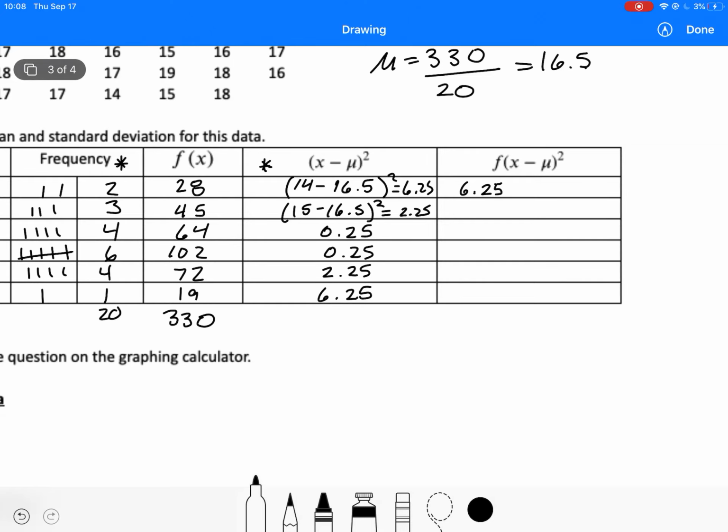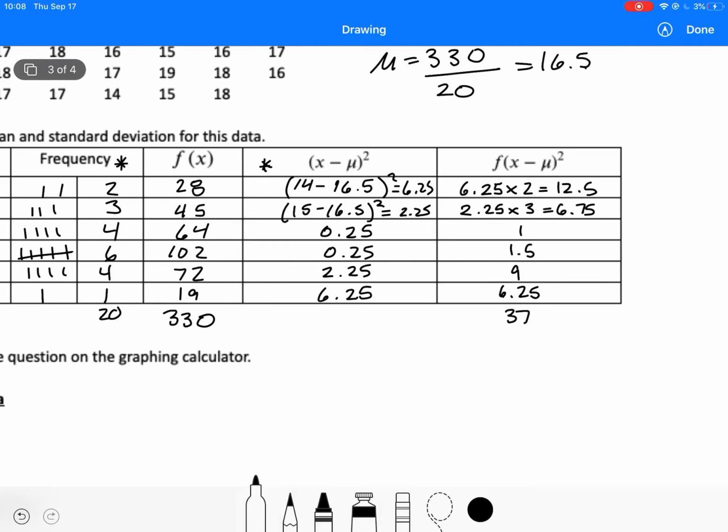So here we've got 6.25 times 2 is going to give us 12.5. Then we've got 2.25 times 3, which is 6.75. Similarly, we'd get 1.5, 9, and 6.25. Now we know from our formula before we're going to have to add those up together.